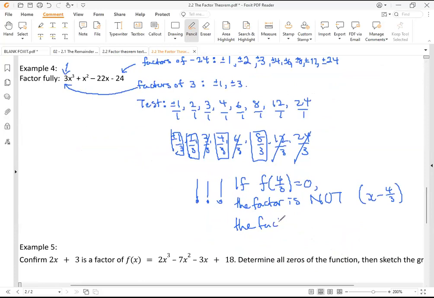The factor is 3x minus 4. Do you understand? Factors are not written as a fraction when we normally factor polynomials. It's always written as a binomial.